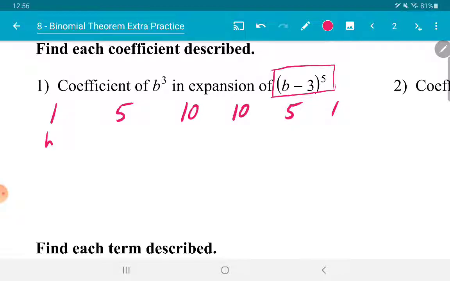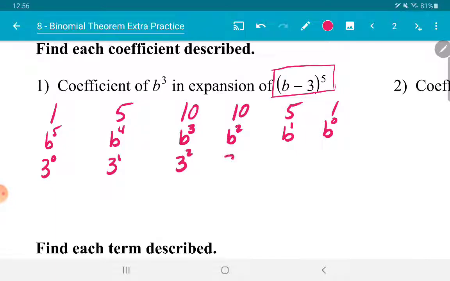So b to the 5th, b to the 4th, b to the 3rd, b to the 2nd, b to the 1st, b to the 0. 3 to the 0, 3 to the 1, 3 to the 2, 3 to the 3, 3 to the 4, 3 to the 5.